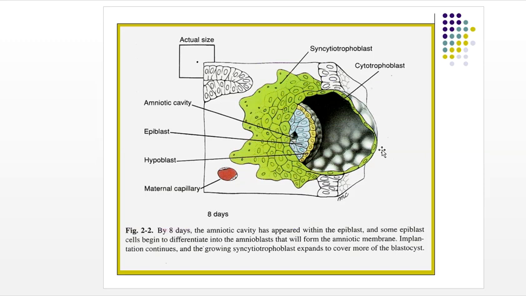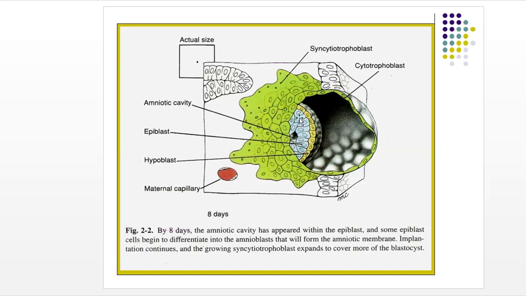By 8 days, gradually some cells proliferated and differentiated from the epiblast layer and make new flat cells whose name is amnioblast. As a result of the formation of the amnioblast, first of all, a small cavity is made whose name is amnion cavity.